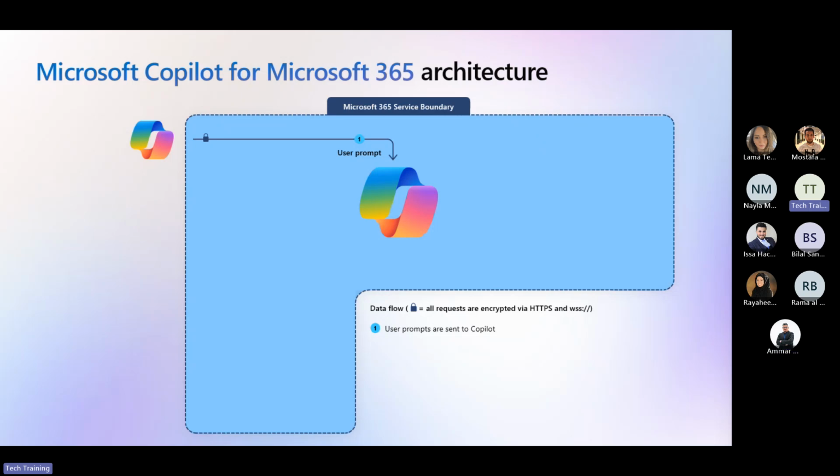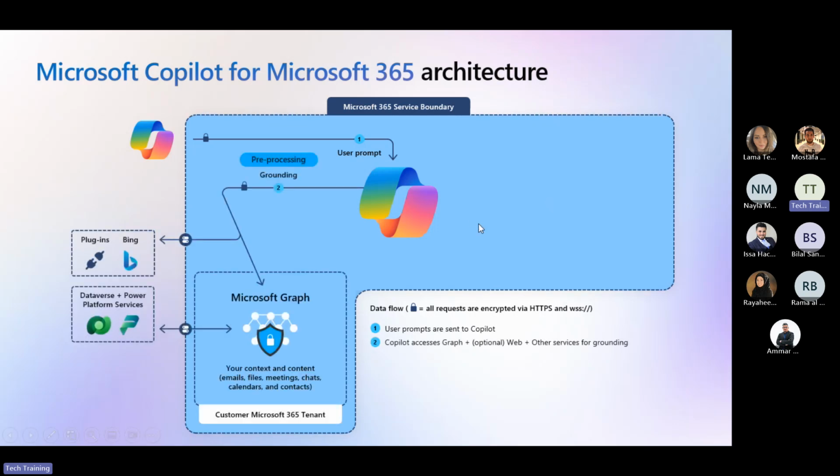Okay. So this is how things work. The user sends a prompt to Copilot. The Copilot will be grounding this information by sending the prompt to the Microsoft Graph in order to get the answers.